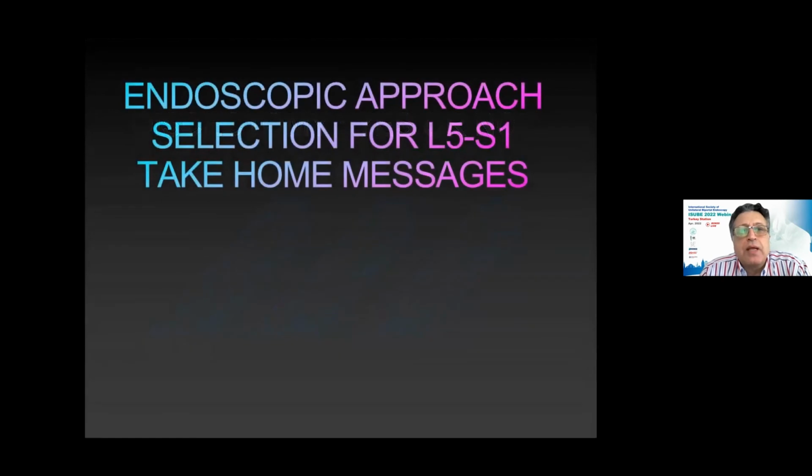So I will give some small take-home messages from my own experience. I prefer to use the contralateral approach by UBA for all levels of stenosis, but especially for the L5S1 level.